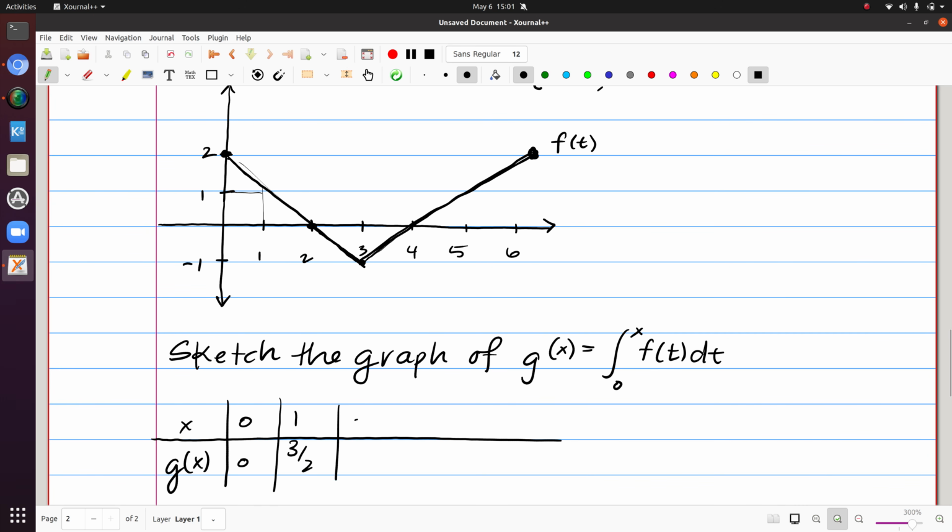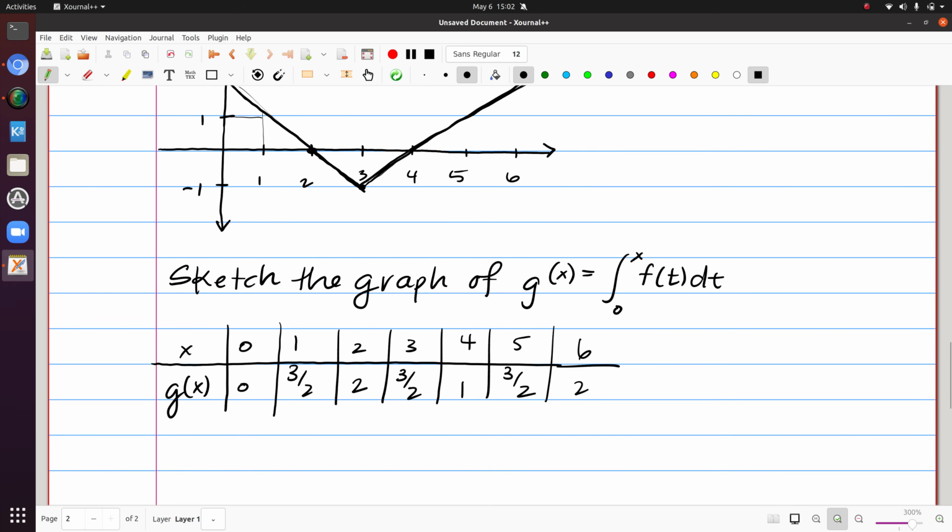And then if x is 2, I add on that next triangle and get 2. And we can continue this process. Notice that I have negative area when I get past 2 and between 2 and 4. And then at 6, we end back up at 2.